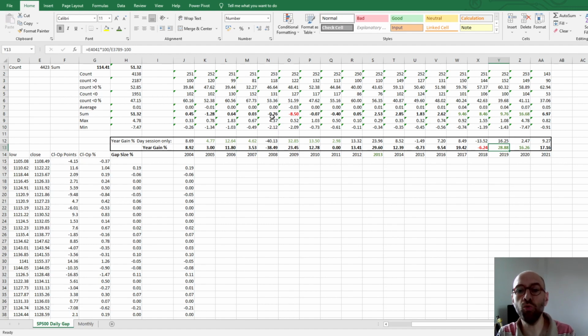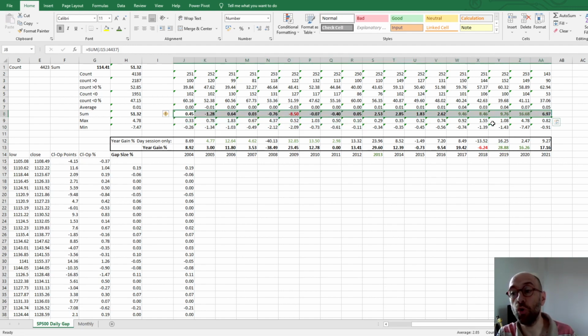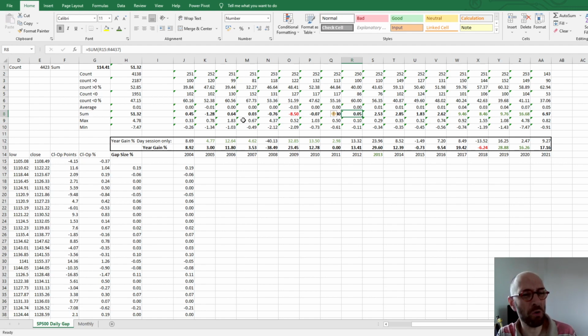But again, just to do one more quick analysis, looking at the sum of the gaps. This is just the gaps, and does not take into consideration any gains or losses during the cash session. You can see that in general the gains or losses over the gaps are not overly big until 2013, again with the exception of 2009.